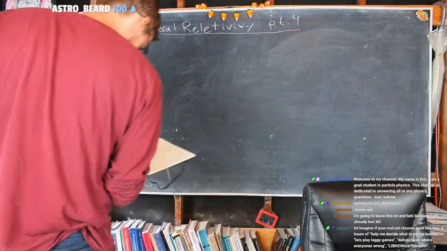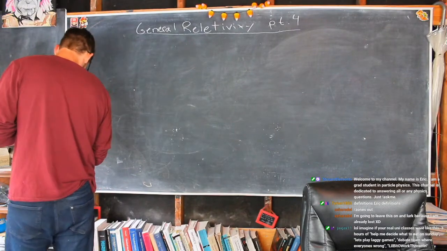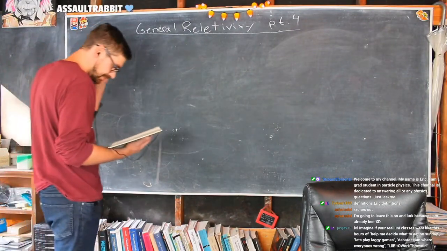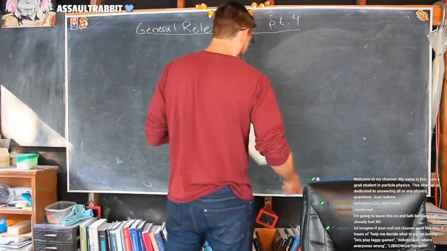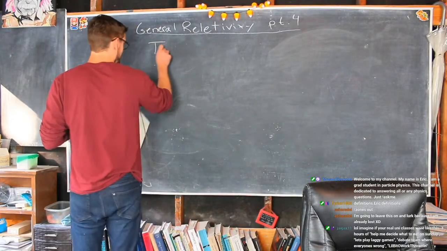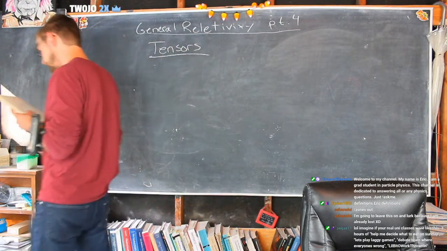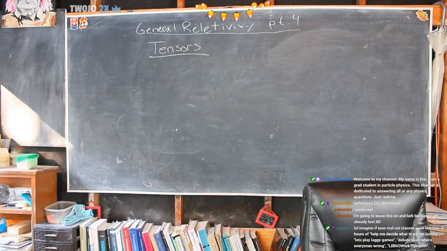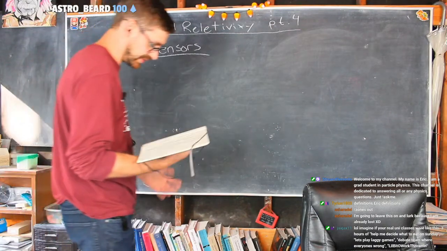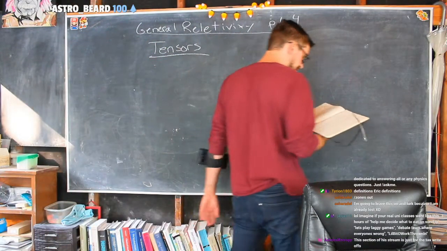So right now, and we'll have to talk about it more, basically this week is all about tensors. Last week we talked about vector notation, so we did the tangent bundle, the tangent space, the vector field, the vector. We did all that stuff, and now it's time to move on to tensors.